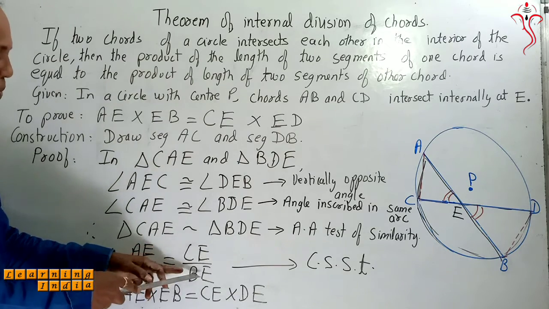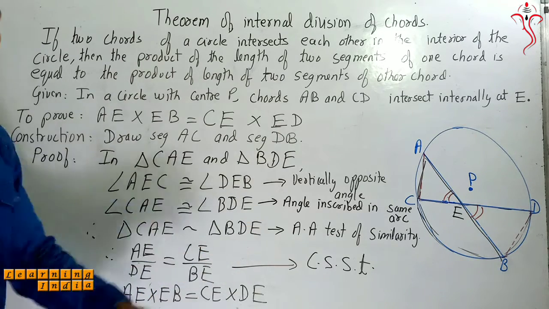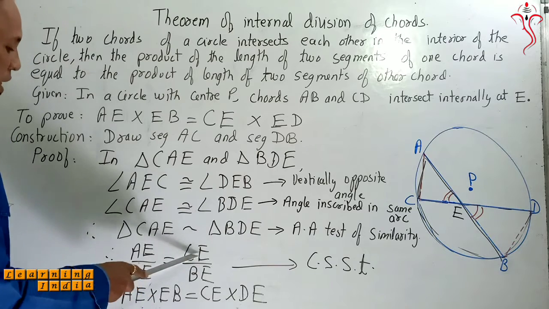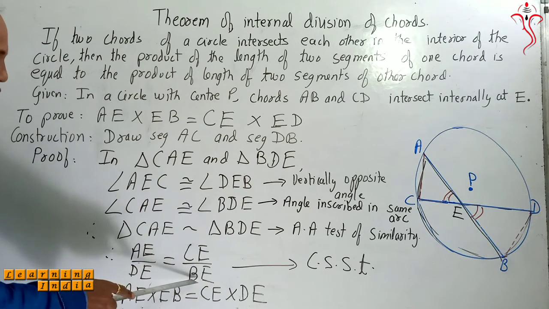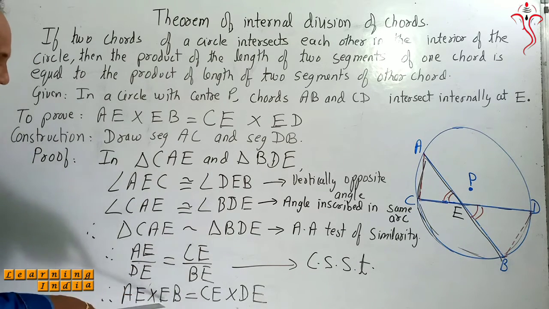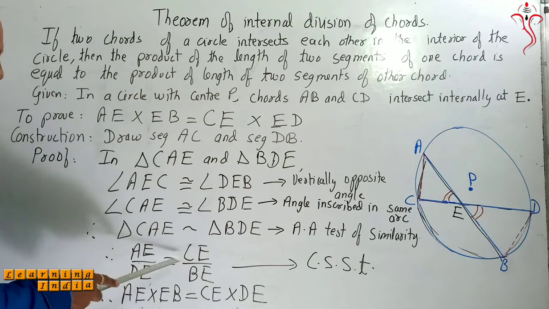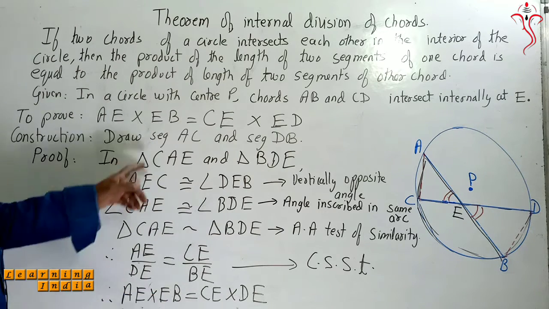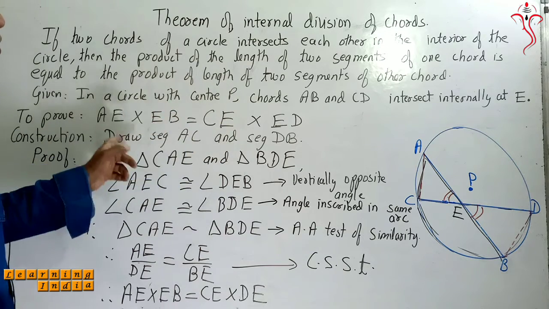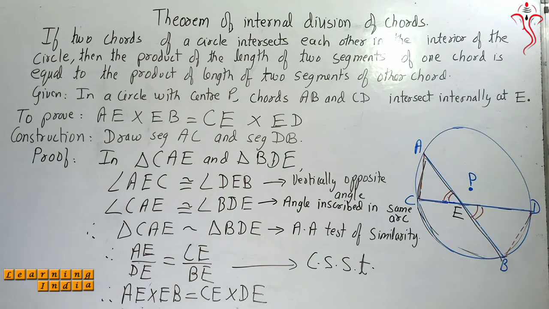Reason: CSST. Then we can do cross multiplication: AE into BE is equal to CE multiplied by DE. That is what we wanted to prove here. We have proved it.